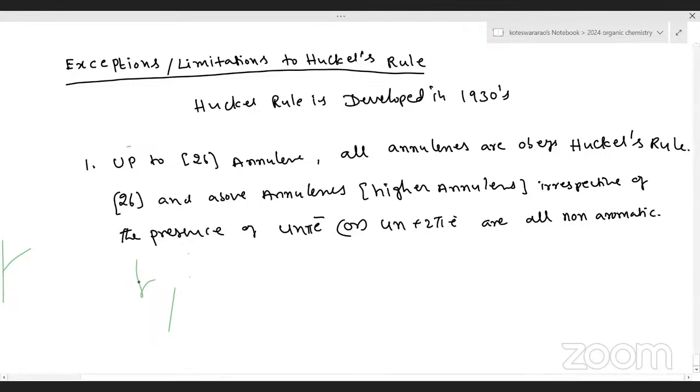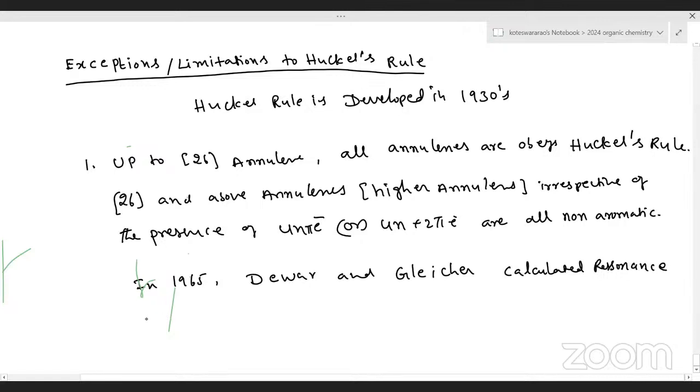But in 1965, two scientists, Dewar and Gleicher, calculated resonance energy by using refined methods.